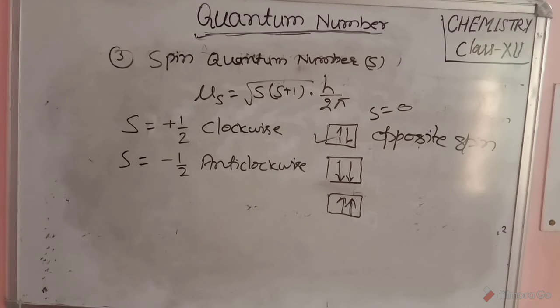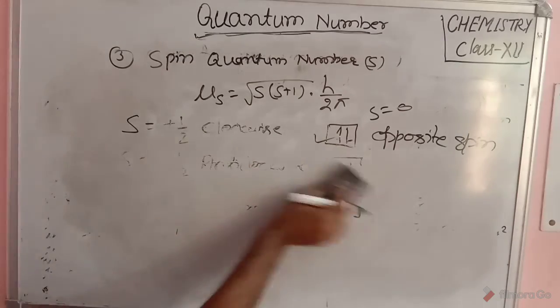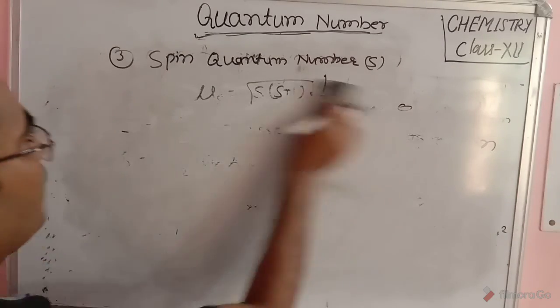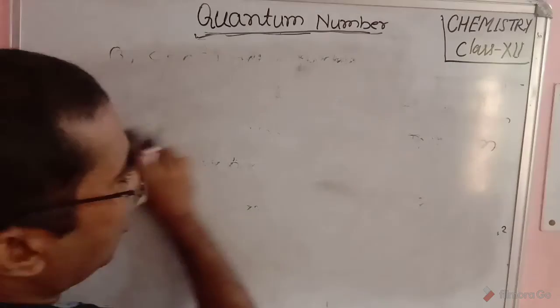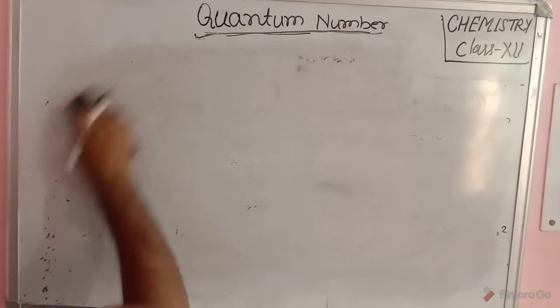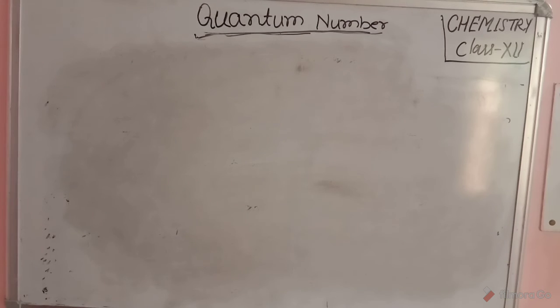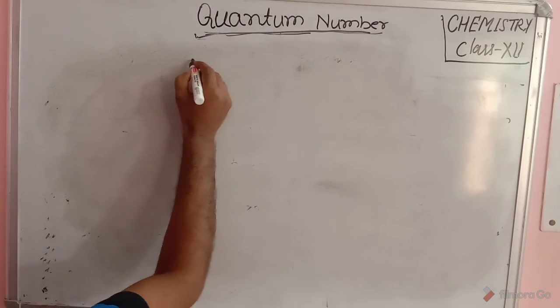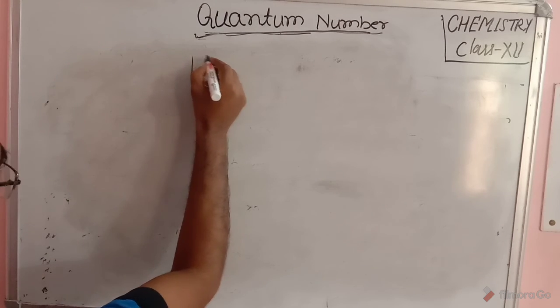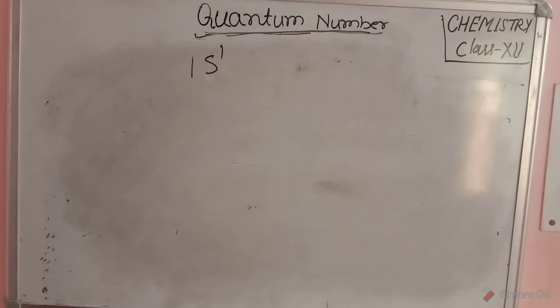Now I am taking an example for when you are going to write all possible quantum numbers, as comes in your examination. Let us suppose there is a configuration for hydrogen atom, 1s1, and the question is to write all possible values for quantum numbers, that is n, l, m and s.